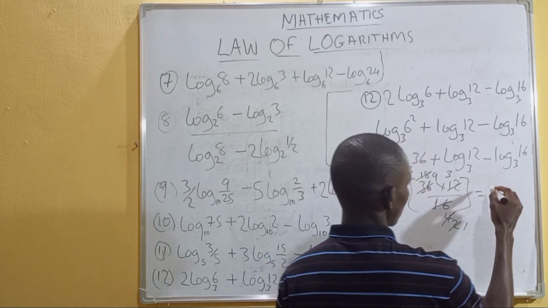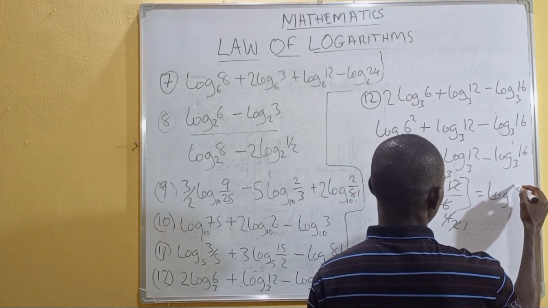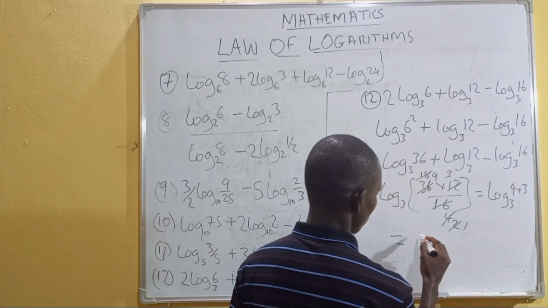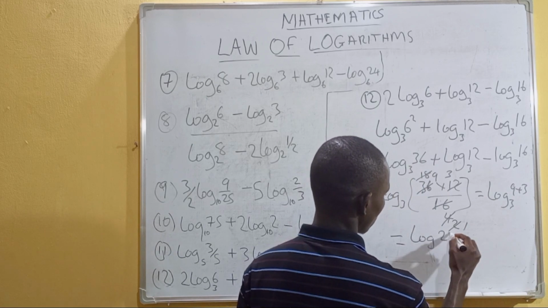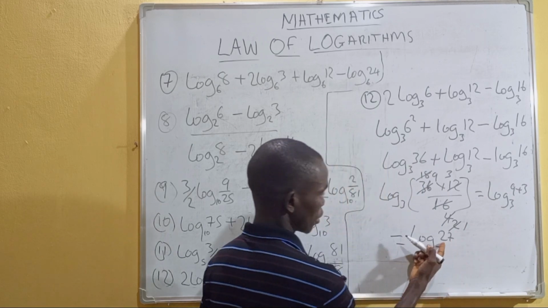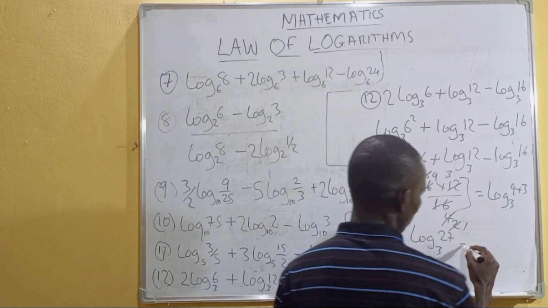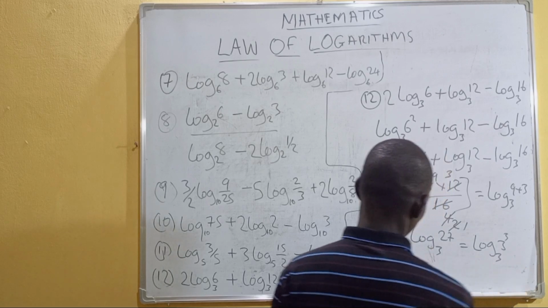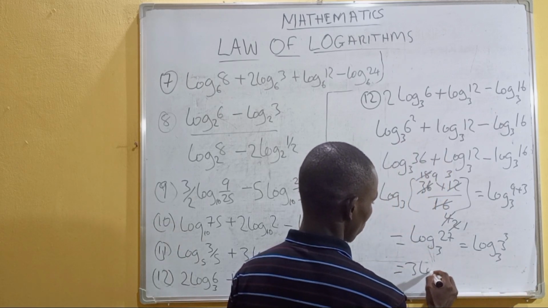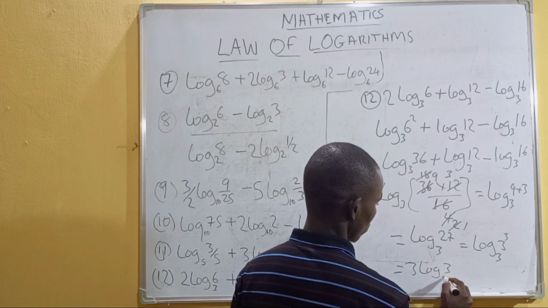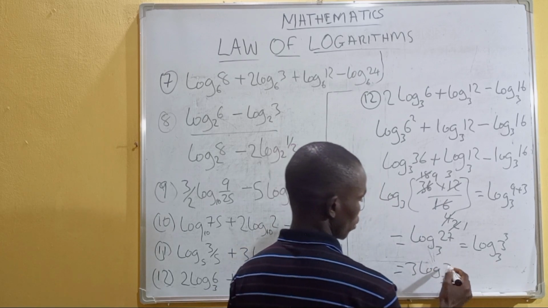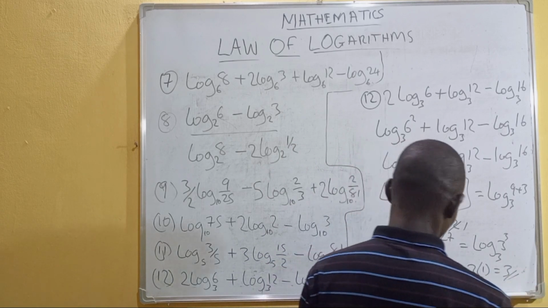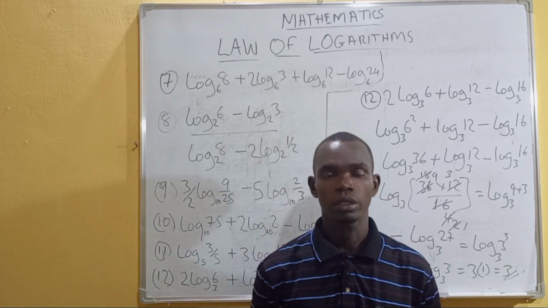So it will now be log 9 times 3 of base 3, which is equal to log 27 to base 3. And 3 raised to the power 3 gives you 27, which is now log 3 raised to the power 3 of base 3. We now have 3 times log 3 base 3. And this will now be 1, which is equal to 3 times 1. We now have 3.